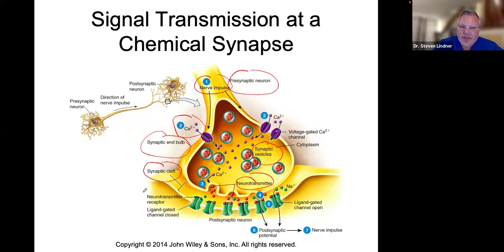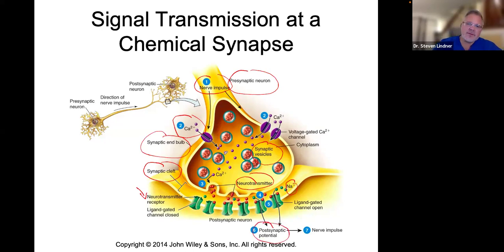Now that neurotransmitter is going to bind to the neurotransmitter receptor. And when it binds, it opens up and allows sodium to rush in. And when sodium rushes in, it creates a postsynaptic potential.